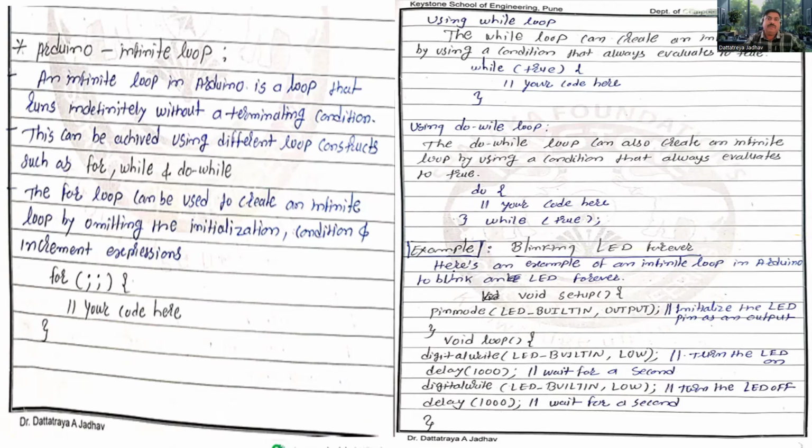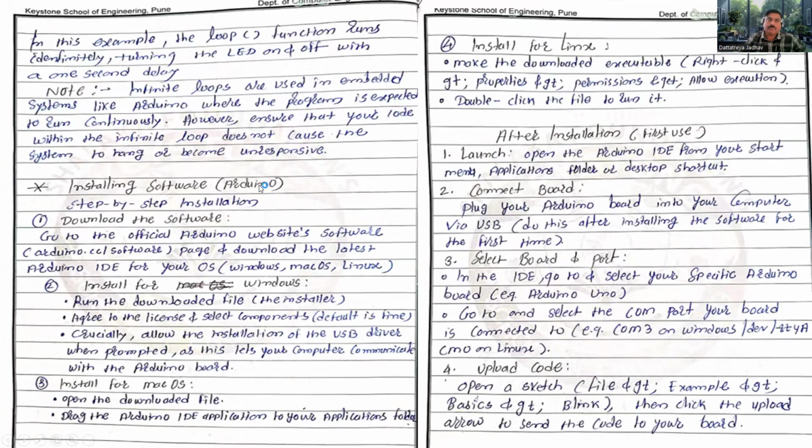So that will be considered with our infinite loop. In this example, the loop function runs repeatedly, turning the LED on and off within 1 second. Infinite loops are used in embedded systems like Arduino, where the program is expected to run continuously.